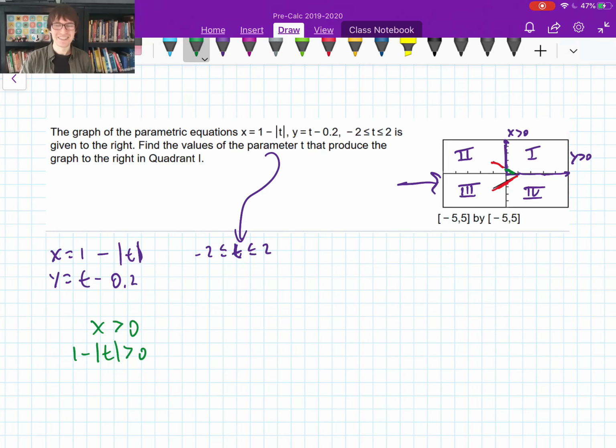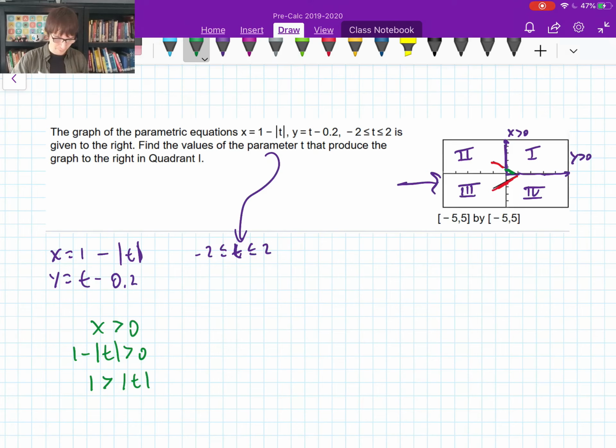Let's see what this gives us. In this way, we can solve for t. We'll add the absolute value of t on both sides, and we get 1 is greater than the absolute value of t.